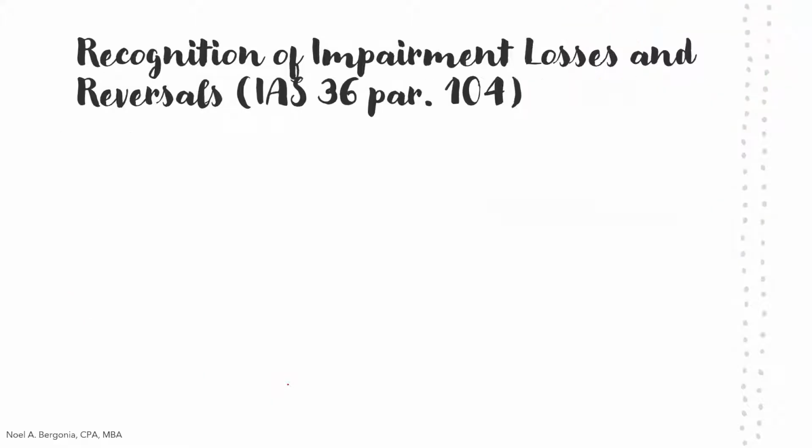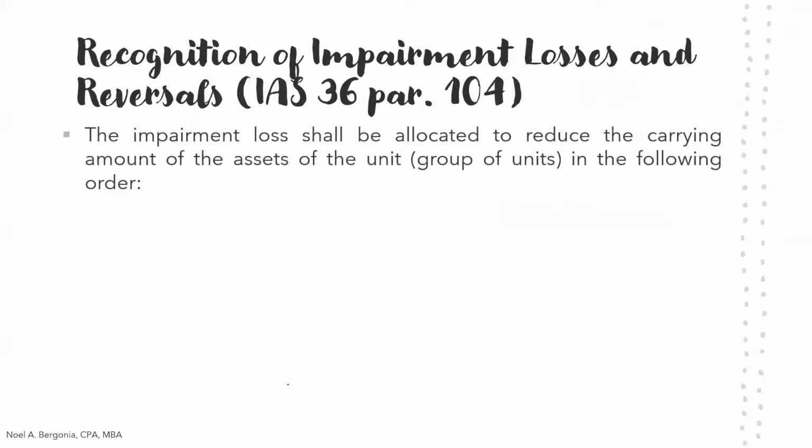And then, just in case that you have a disposal group, the impairment loss shall be allocated by reducing the carrying amount of the assets of the unit in the following order. So pag may disposal group, how do we allocate the impairment loss?